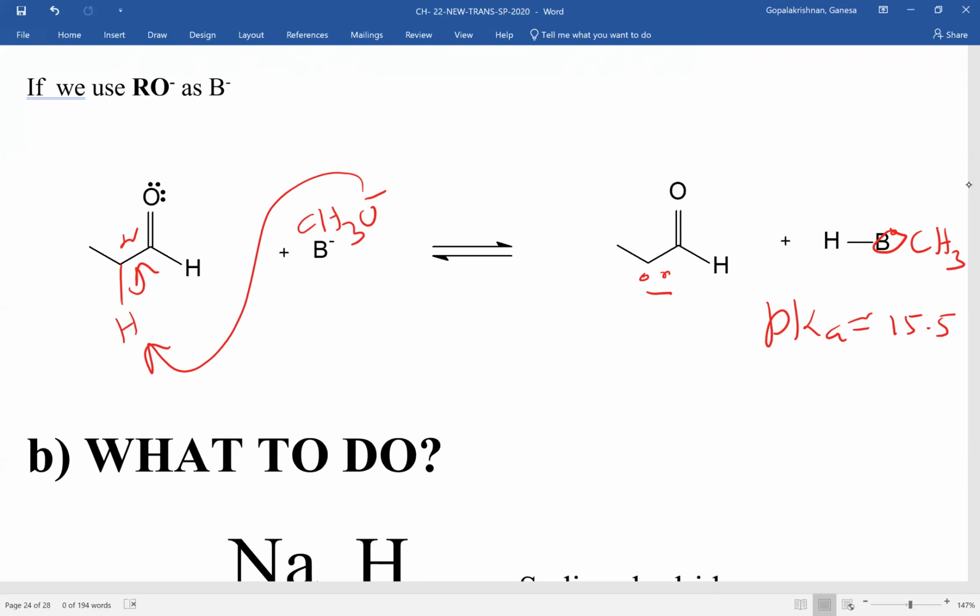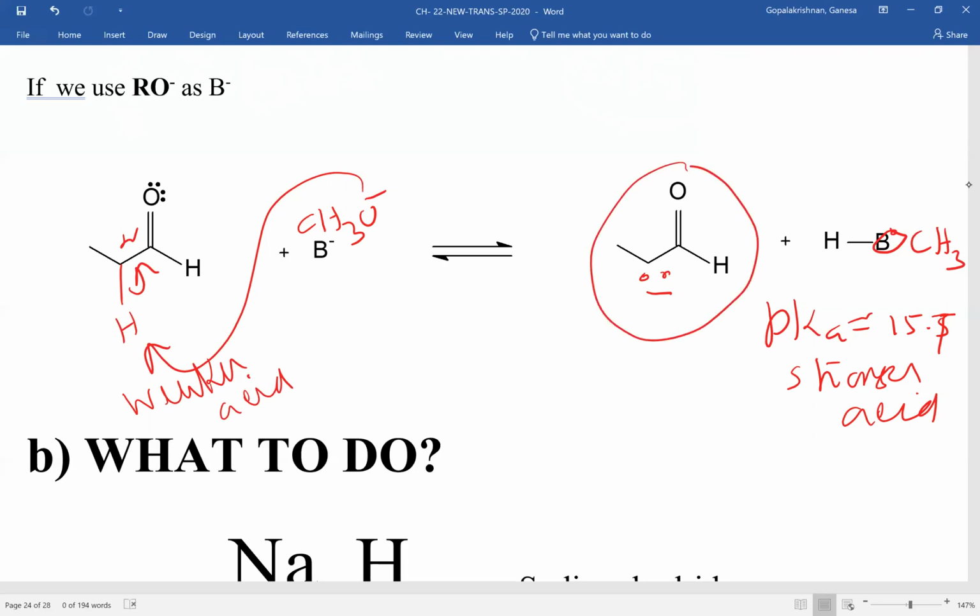So this is also, actually, if you take this, it is 15.7. So this is a stronger acid than the aldehyde, it is a weaker acid. The reaction will not happen. If it happens, the amount of the enolate formed is very, very little.